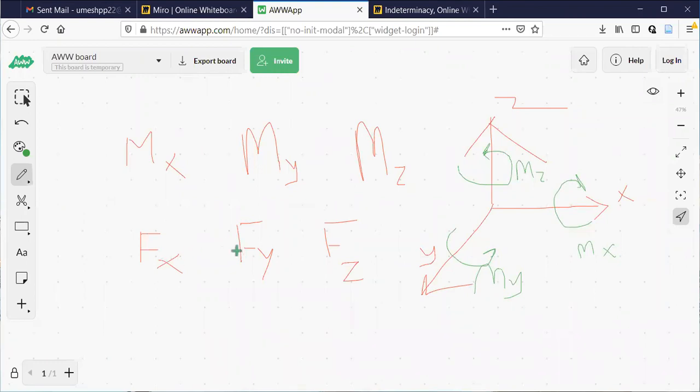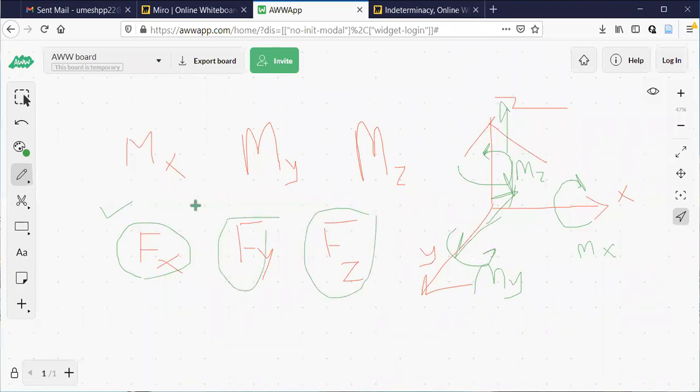So what is Fx, Fy, Fz? The algebraic sum of forces along x direction must be equal to 0. That is Fx equal to 0, one equation. The algebraic sum of forces along y direction: the forces must balance each other, so Fy must be equal to 0. Fz, forces acting up and down, as per our notation, should balance each other, which means Fz is equal to 0.